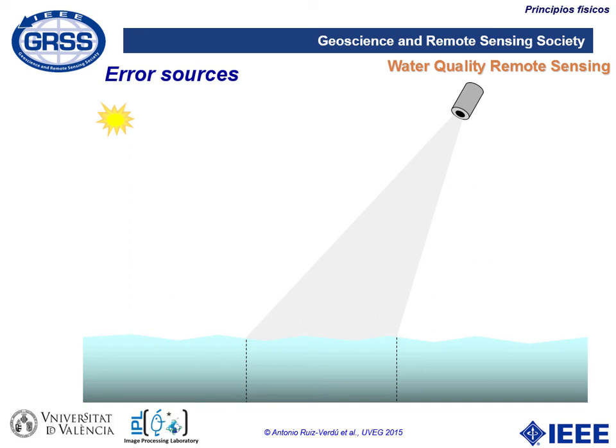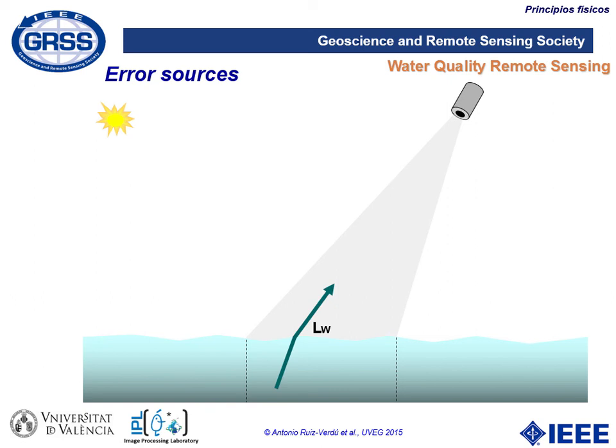pixel of water. So here we represent a remote sensor with a field of view, and this represents the field of view of the sensor, let's say a given pixel, and therefore this is what we observe, and here we represent the water leaving radiance.